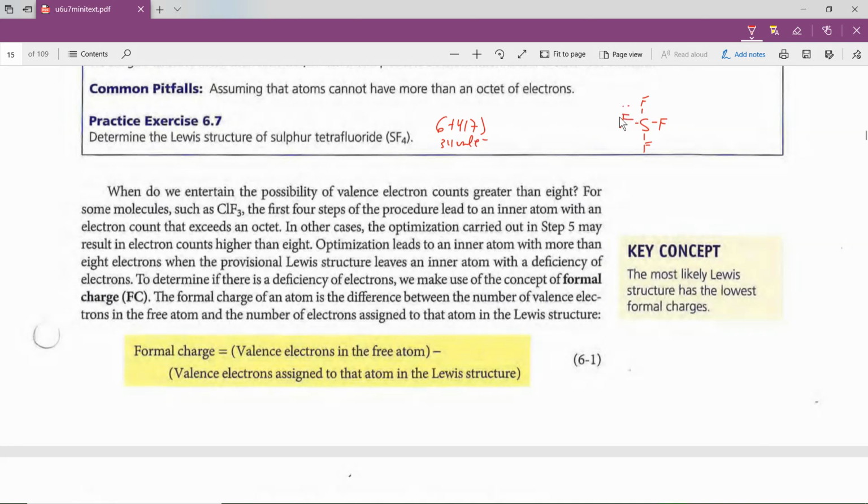So I'm going to have 2, 4, 6, 8, 10, 12, 14, 16, 18, 20, 22, 24, 26, 28, 30, 32. And I got one more lone pair of electrons, and I'll put them on the sulfur. And there we go.